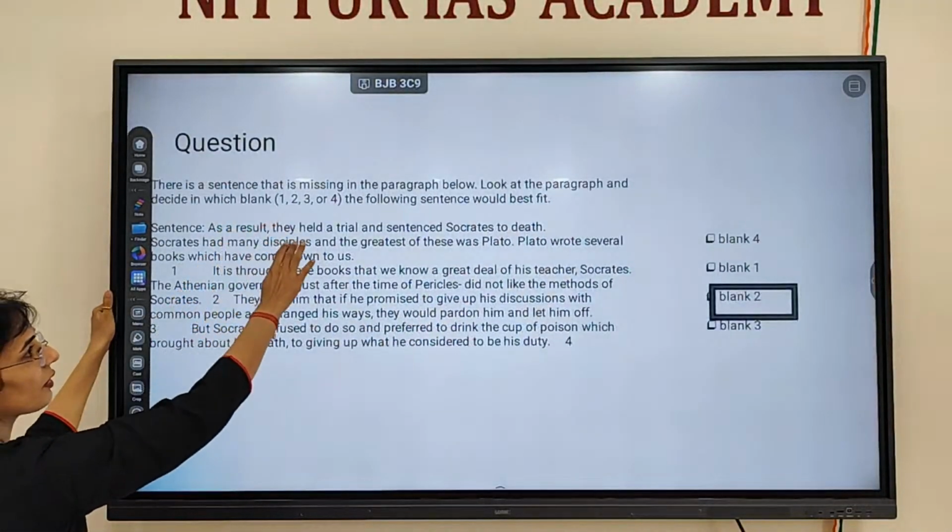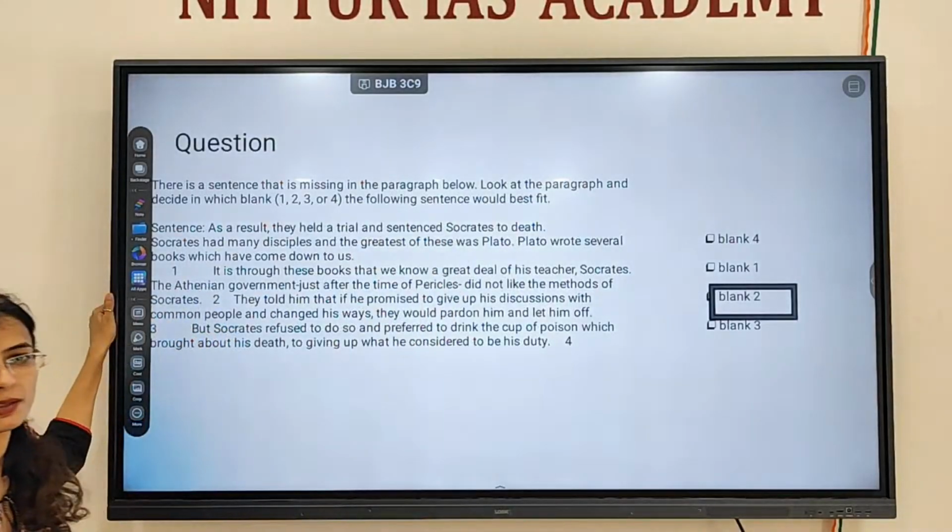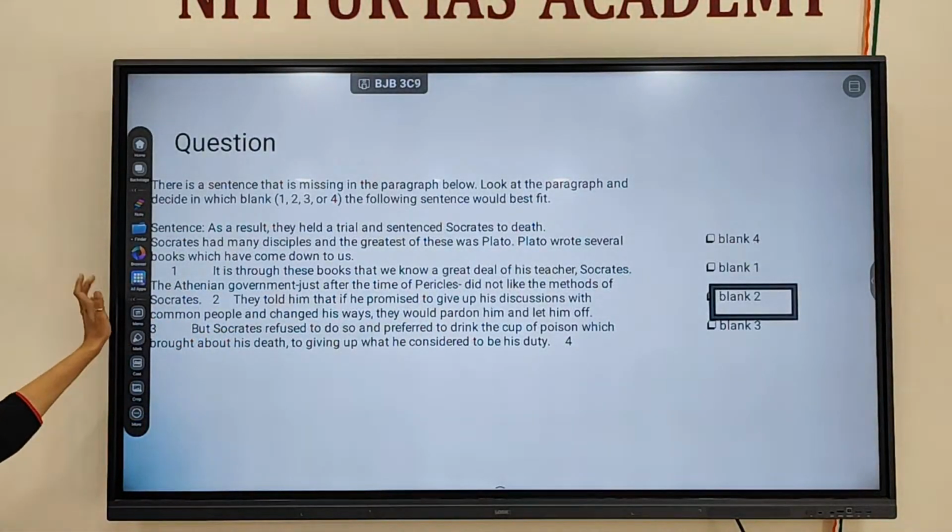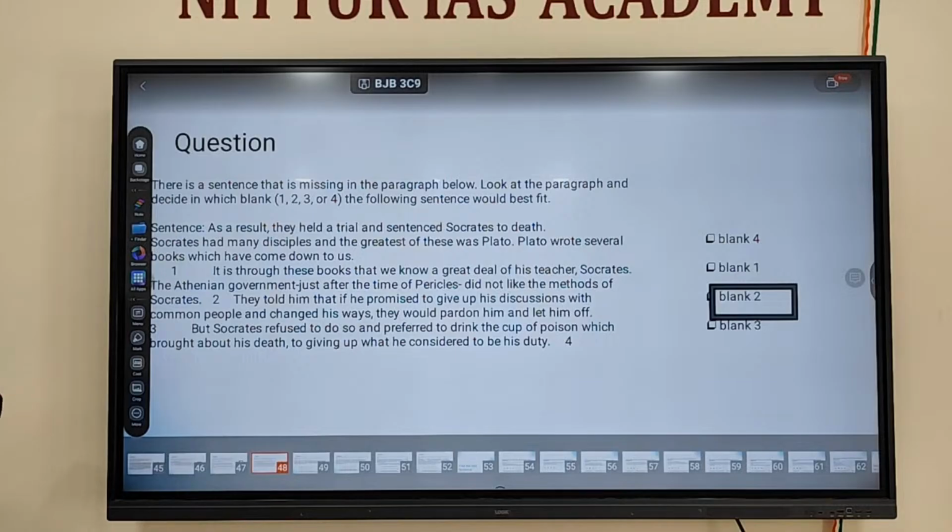As a result, they held a trial and sentenced Socrates to death. Got the point? Look at the paragraph and decide which blank the sentence would fit best. So the blank will come and then the sentence will come.